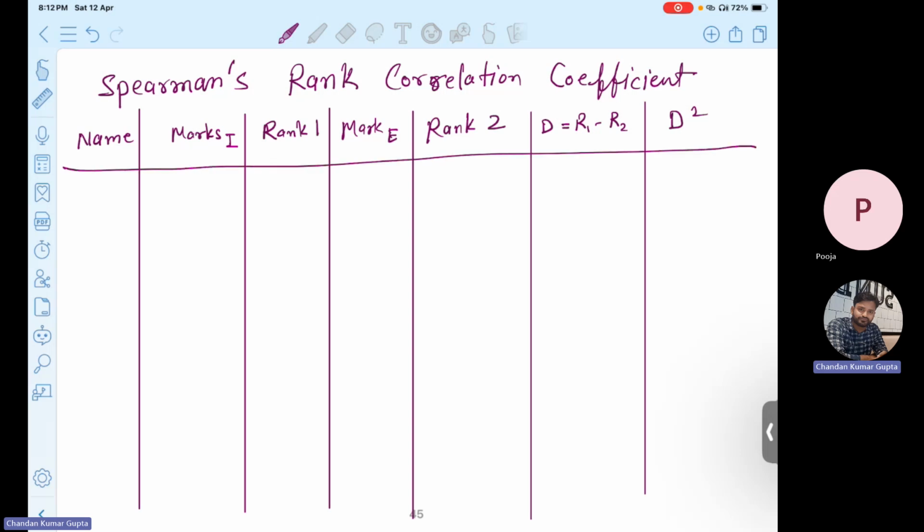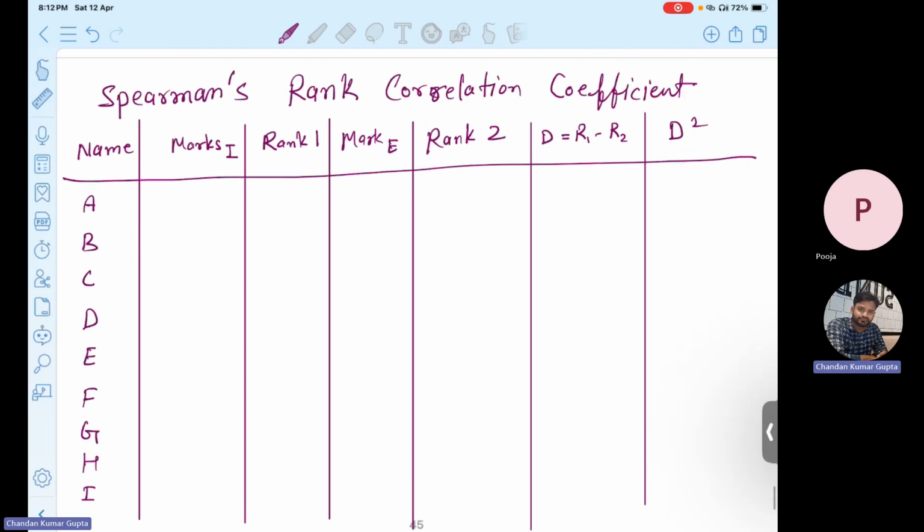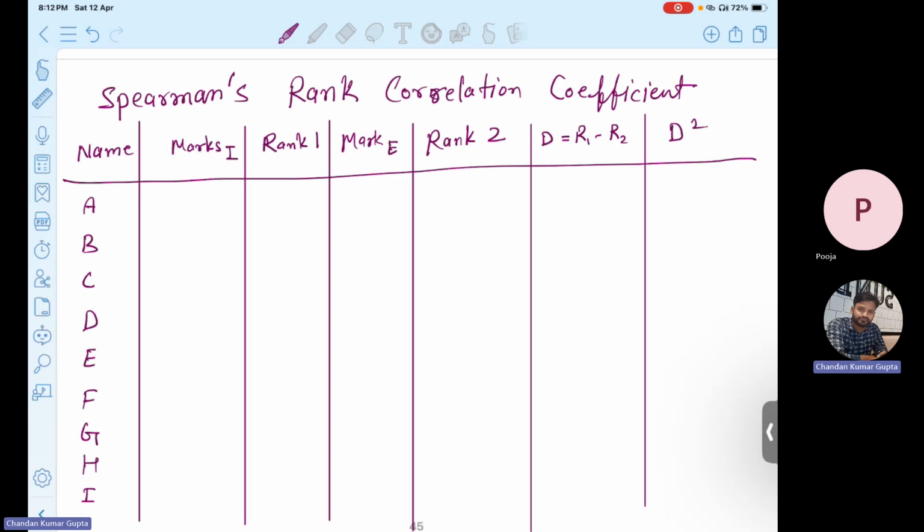We are given some data: 9 students, A, B, C, D, E, F, G, H, I. Their internal marks are 51, 68, 73, 46, 50, 65, 47, 36, and the last is 60.